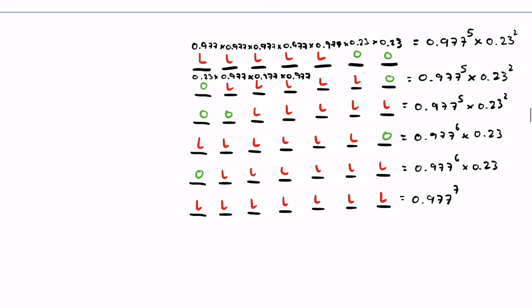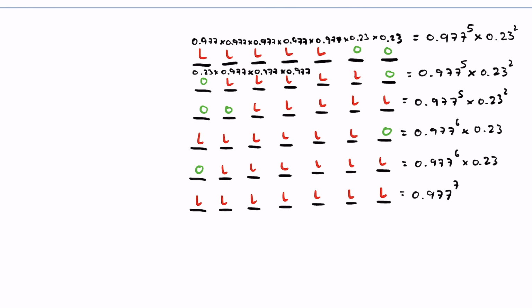So what do we have? We have 0.977 raised to the power of 5 times 0.23 squared. And how many times does this occur? Well, it occurs 3 times, right? So in this case, we want 3 of these. So we could say 3 times 0.977 raised to the power of 5 times 0.23 squared. Plus, again, we have this situation right here.